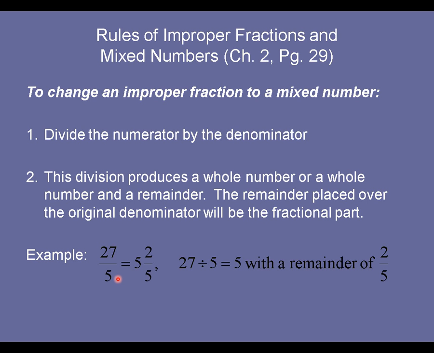So you divide it. After you divide, the quotient becomes your new whole number, and the remainder becomes your numerator. The denominator still remains the same, because in the original number you had 27 over 5, right? You see this 5 is still the same.